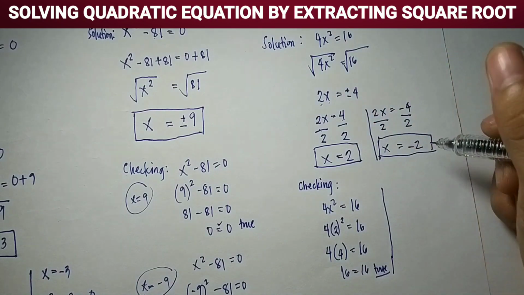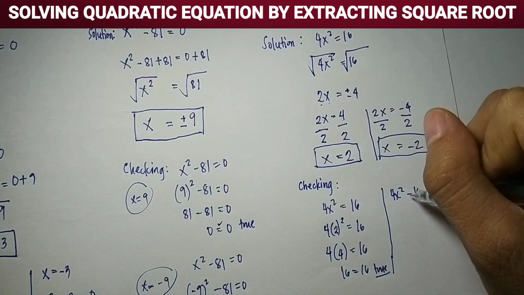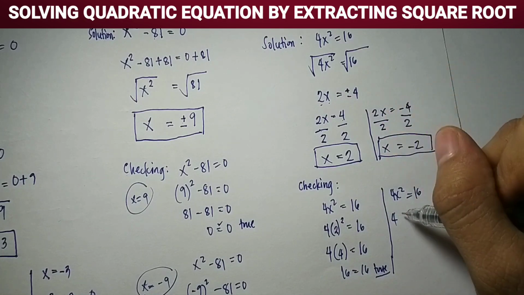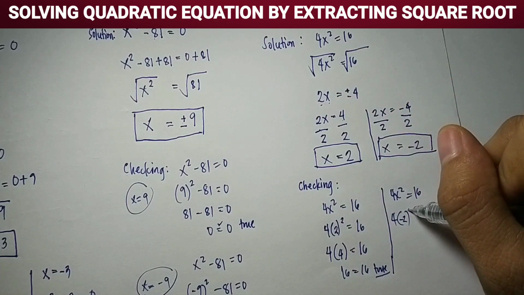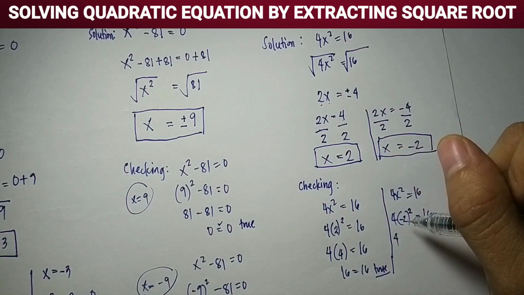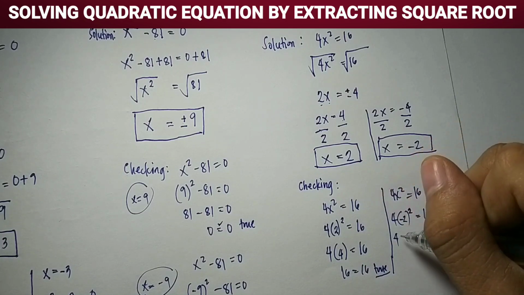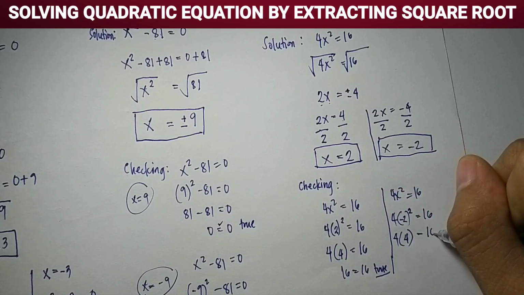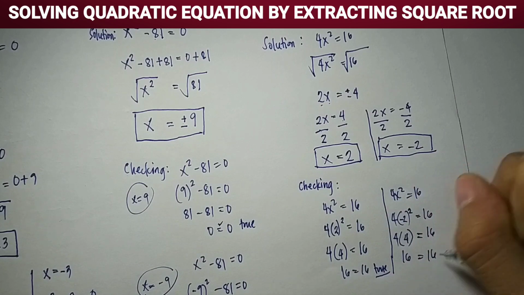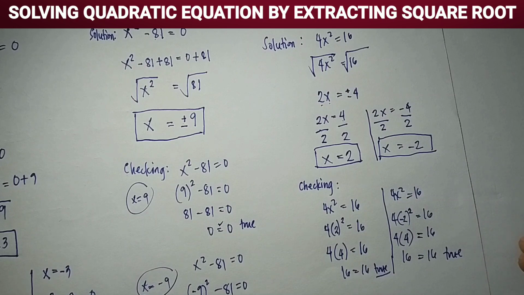Tanawa na nato karon kung correct ba ning atong solution nga negative 2. So balik ta sa given nga 4x squared equals 16. So we have 4. Ang atong x is negative 2. So pulihan nato, negative 2 squared equals 16. Pila man ang negative 2 squared? Ang pasabot ana i-times ang kaduha sa iyang kaugalingon. So negative 2 times negative 2, that is positive 4. 4 times 4, that is 16, is equal to 16, which is true. Tinuod nga ang 16 equals sa 16.